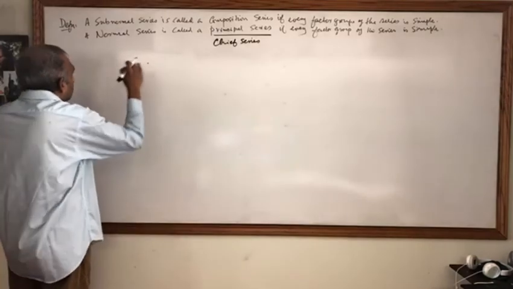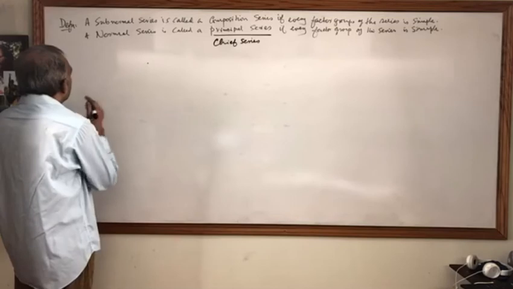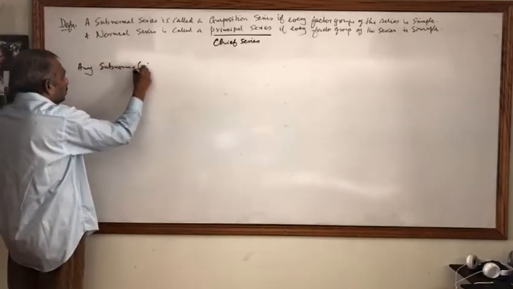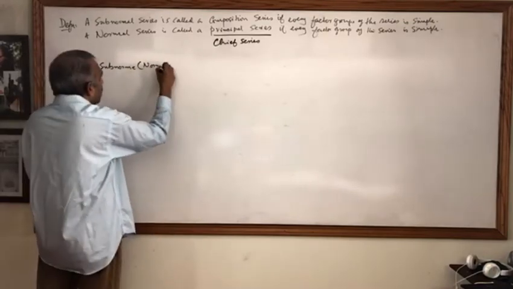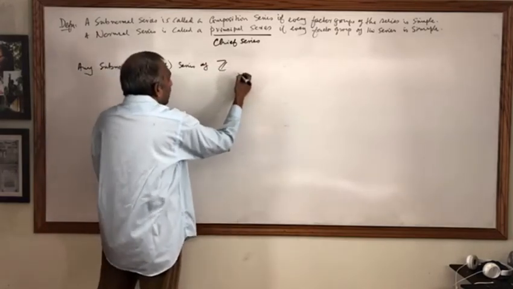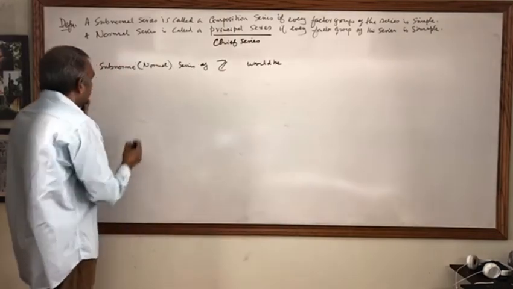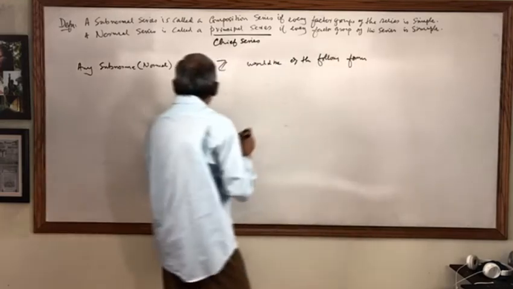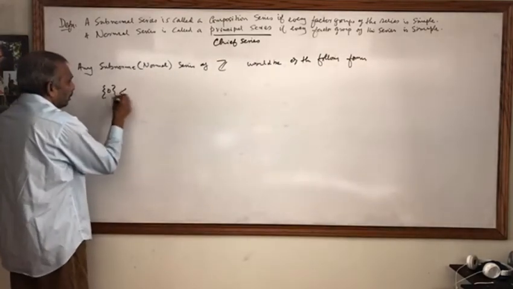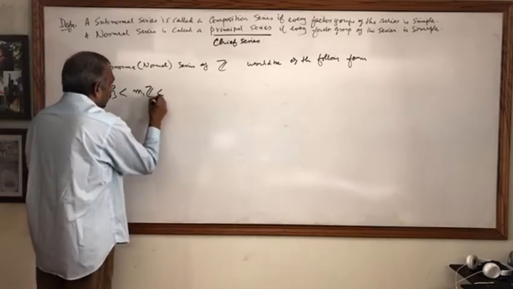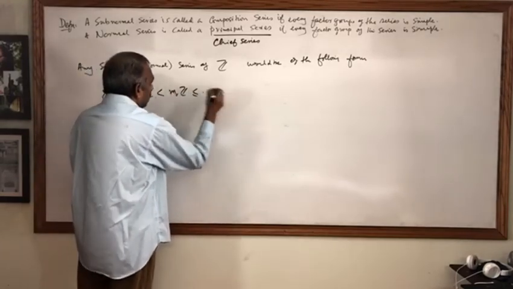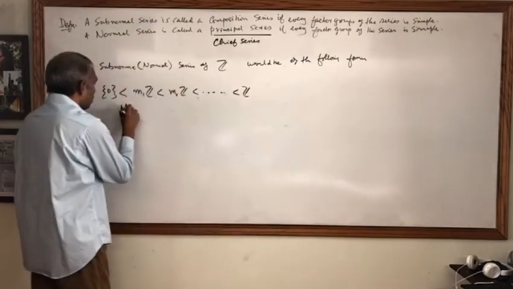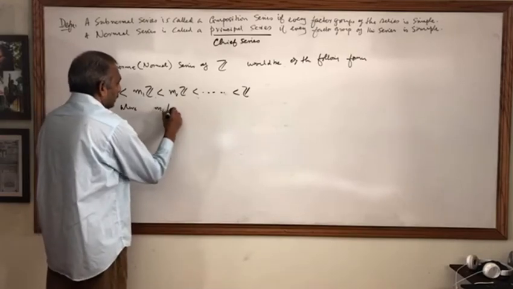Now let us see what happens in case of the group of integers Z. So any subnormal, actually this is going to be normal because Z is abelian, series of Z would be of the following form. 0, then M1Z, then M2Z, then finally Z, where Mi divides Mi minus 1.